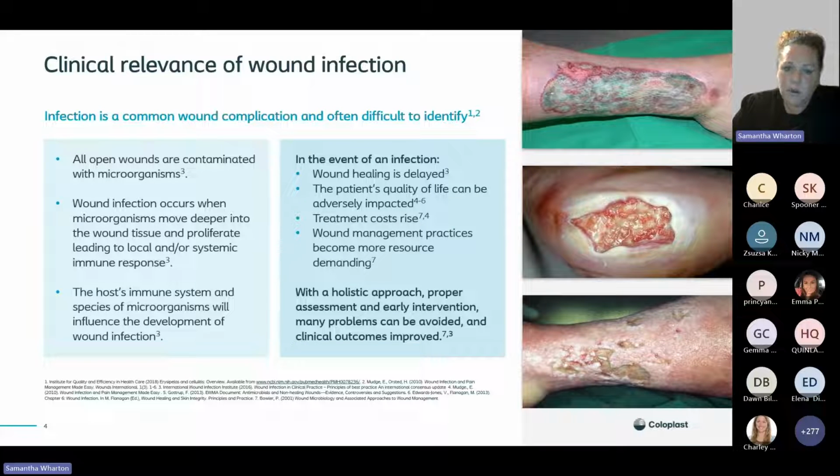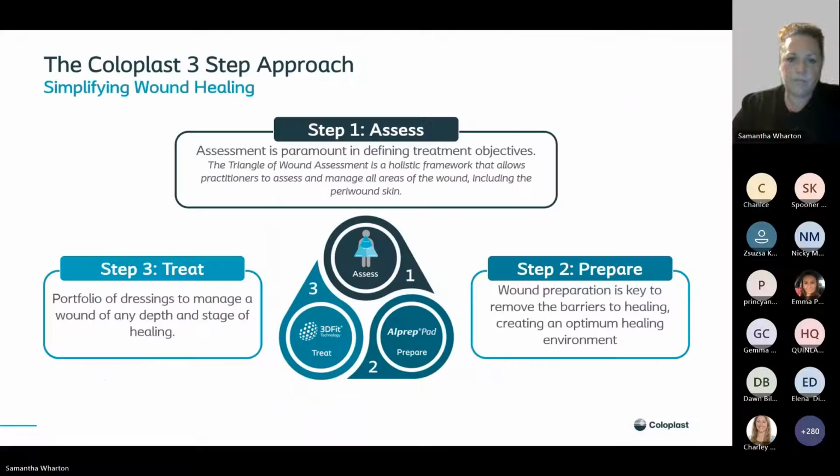But with a holistic approach, a proper assessment and getting that early intervention, many of these problems can be avoided and the actual clinical outcomes can be improved. So hopefully following this session this evening, you'll have a bit more understanding and confidence to know those signs and symptoms of infection and how to manage it and progress that wound to healing.